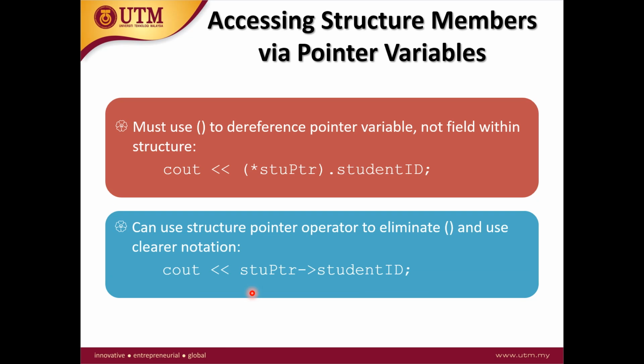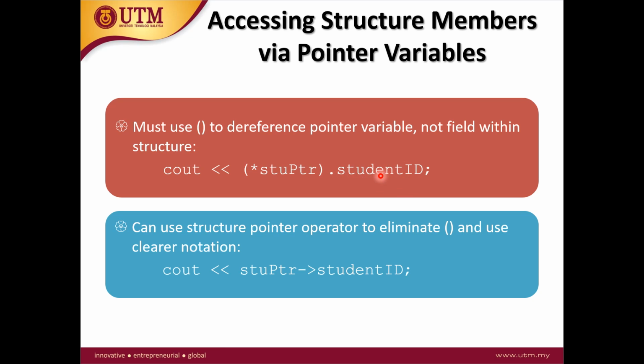So in this case, if we want to dereference the pointer variable, we use this star student pointer in order to access the reference of that variable. But you can use those brackets, as we've used here, in order to access the data itself of the student ID.